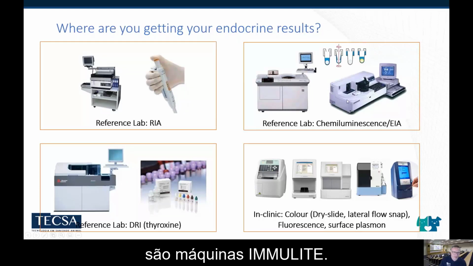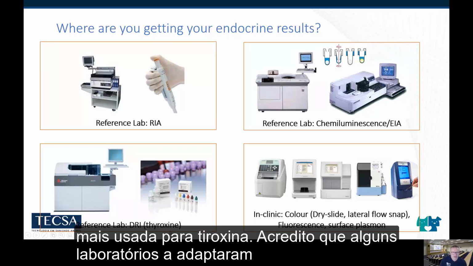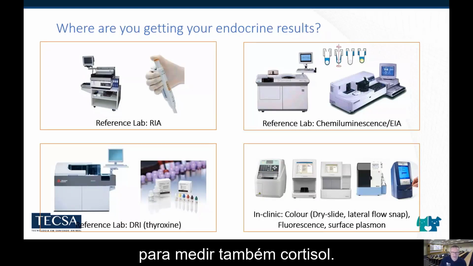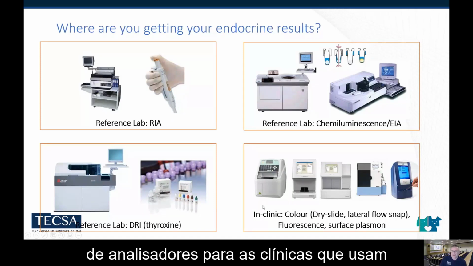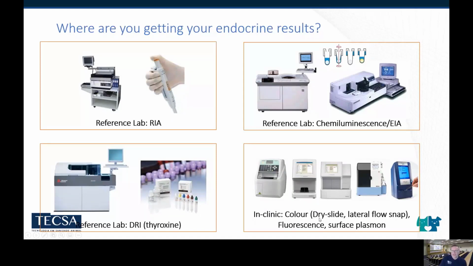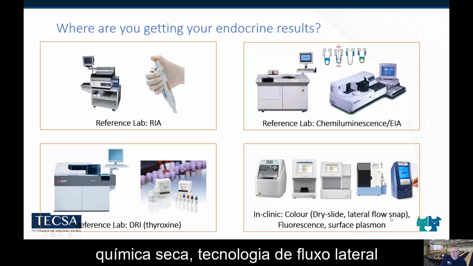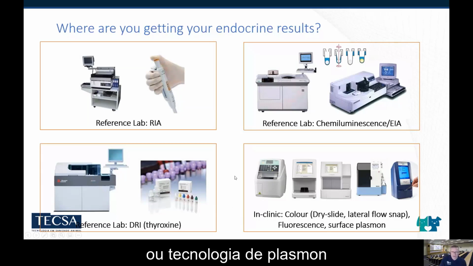These are both Immulite machines. Or using this DRI technology, most commonly used for thyroxine, but as I say, I think somewhere in the world, some labs have been able to make this work for cortisol. And then there's an array of in-clinic analyzers that are using dry slides or lateral flow type technologies, or surface plasmon technology, which we'll just highlight briefly.